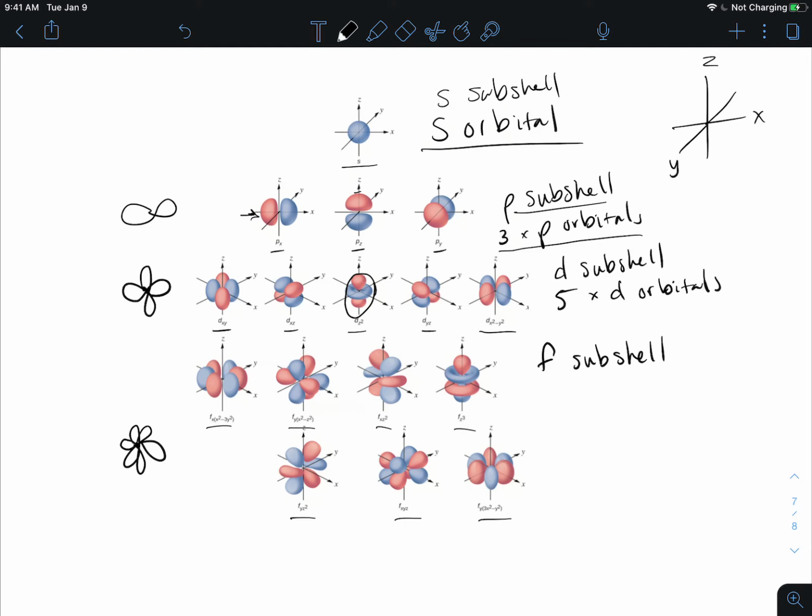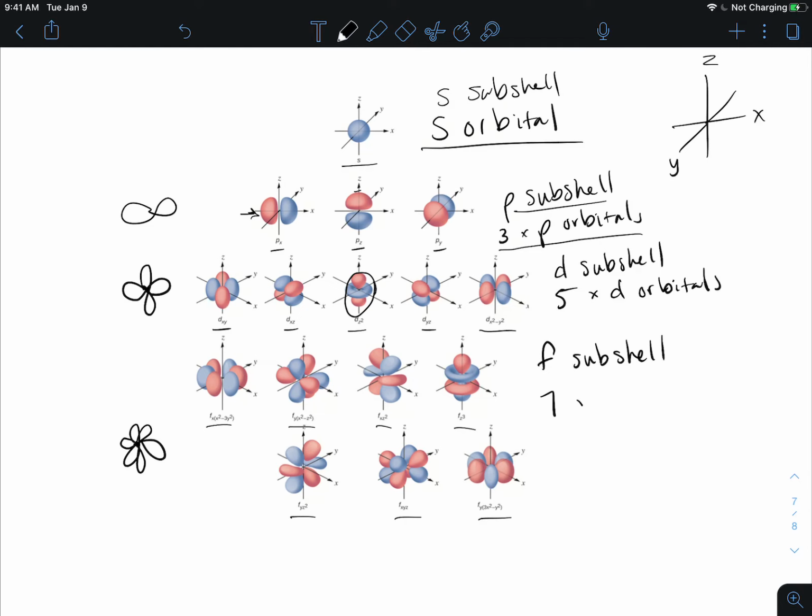Our f subshell has a total of 7 f orbitals, and they're just crazy in shape. But usually, with s we're thinking spherical, with p we're thinking dumbbell, d is a clover, and f is kind of like a flower.